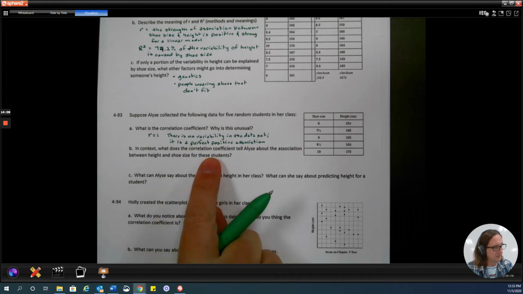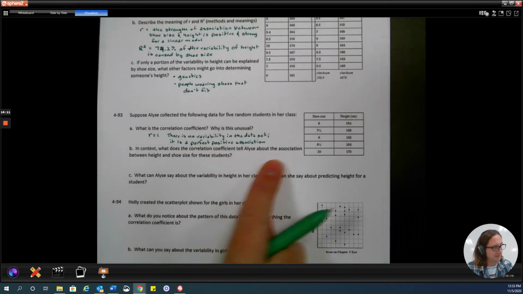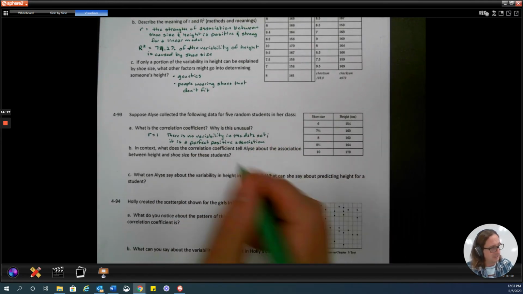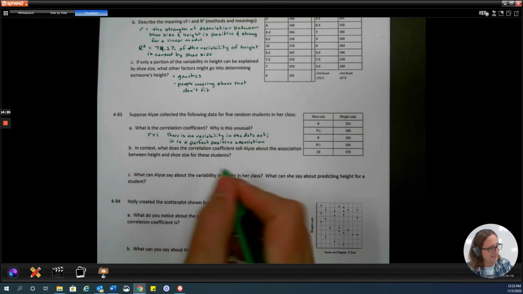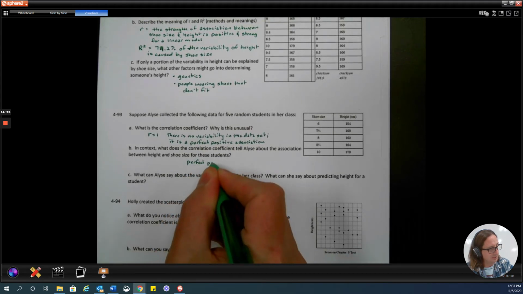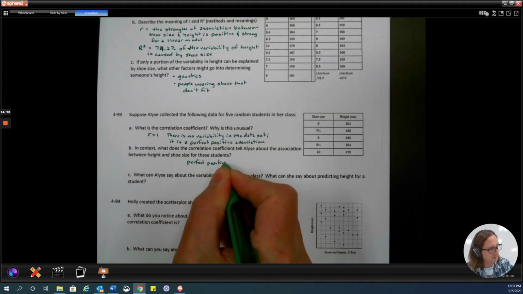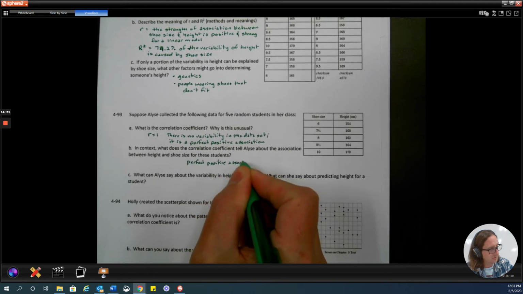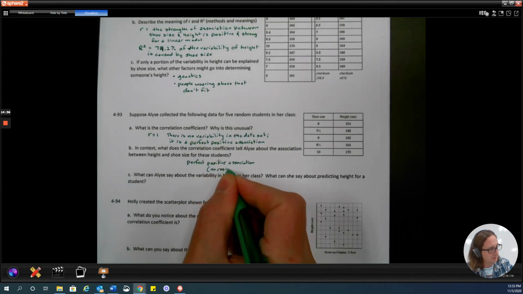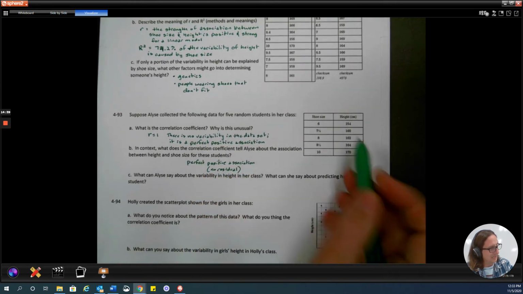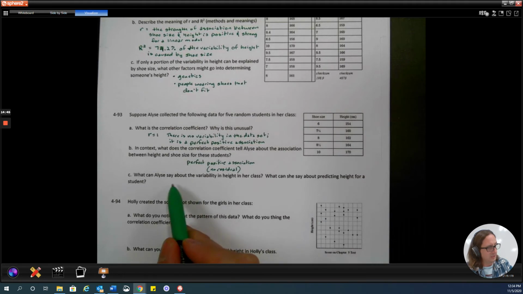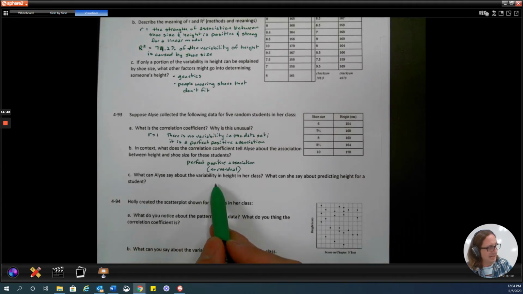In context, what does the correlation coefficient tell Elise about the association? And we just said it, that it's a perfect positive association. Meaning there are no residuals. All of our actual heights were also our predicted heights. Okay, what can she say about the variability in her height in our class?